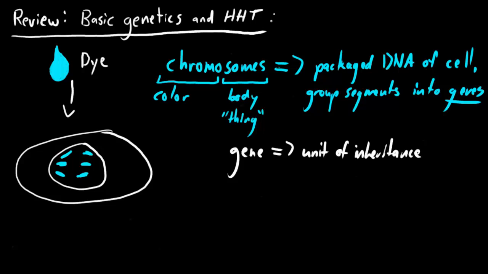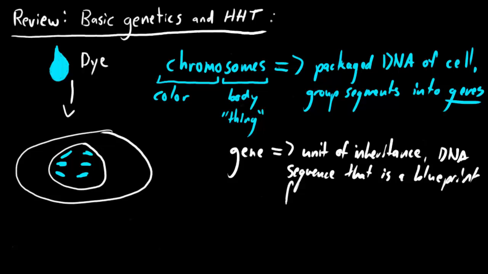If you want to be a little more technical, you can say that a gene is a DNA sequence that is a blueprint for a cell product. I'm using the word product here very specifically because oftentimes whenever you hear about genes being talked about, people will say, well, genes code for proteins.